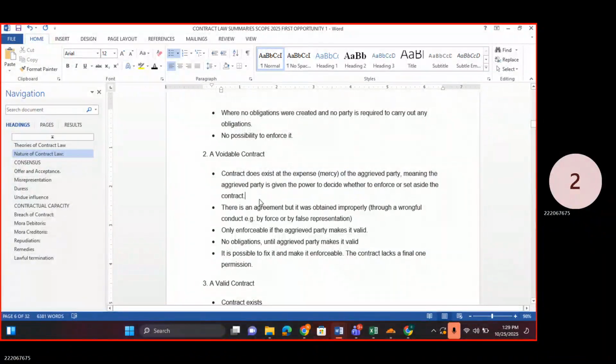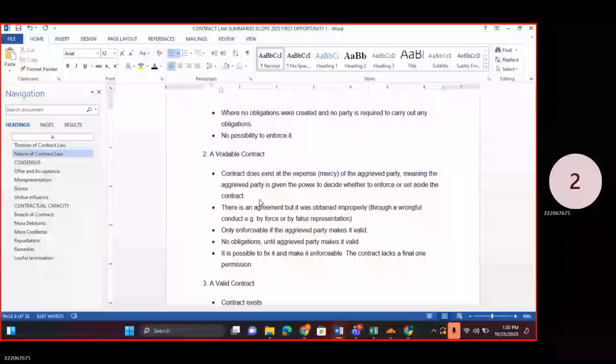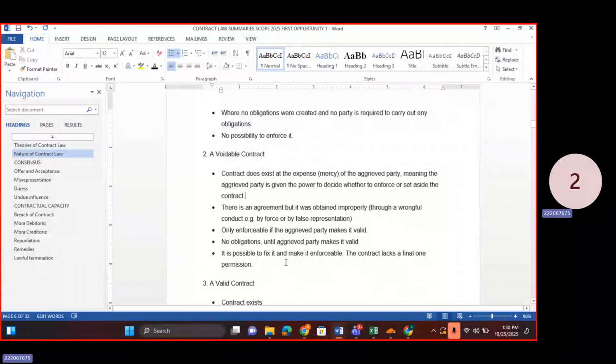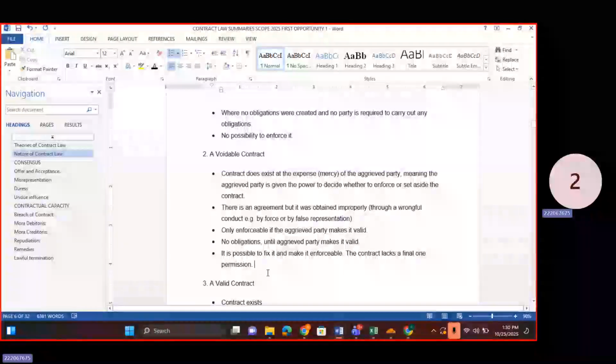But you can make that contract a valid contract by the person who was forced to enter into that contract. That person can give permission. So again, it lacks one final person's permission, and that person's permission can come from a guardian. It can come from an aggrieved party as well.